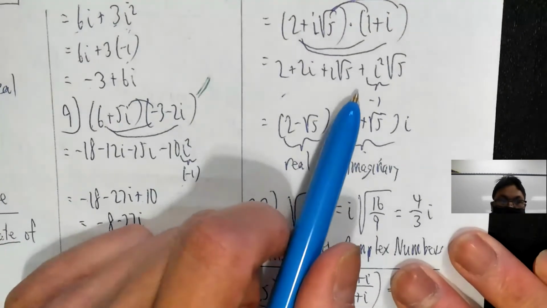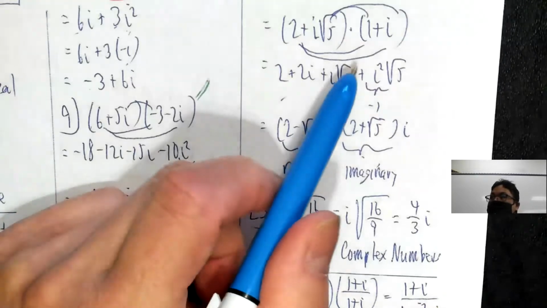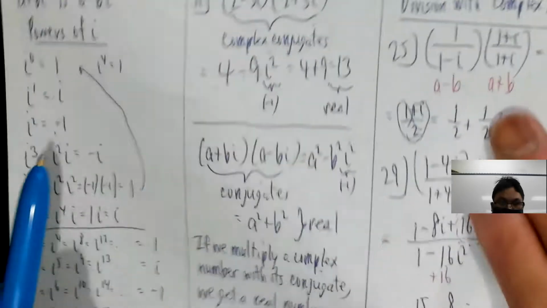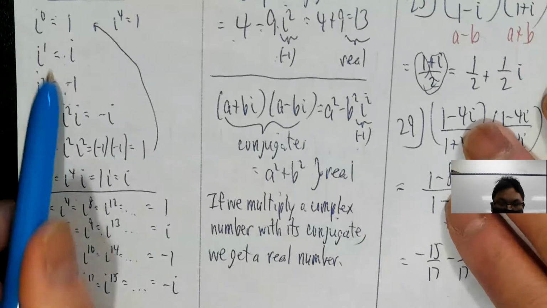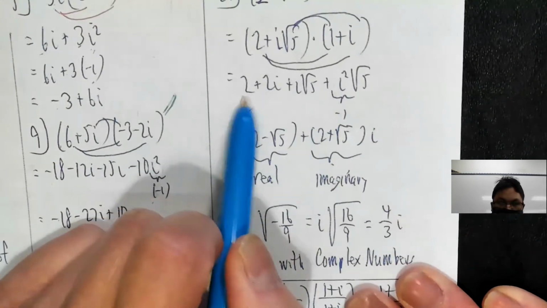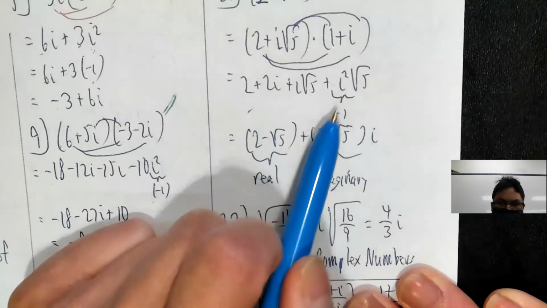We had that yesterday. For these complex numbers, your answer should never have an i to a power, such as i squared, i cubed, or i to the 4th, because they can always be broken down further. So this is good, it has an i, that has an i, and this is an i squared, so I change that to -1.